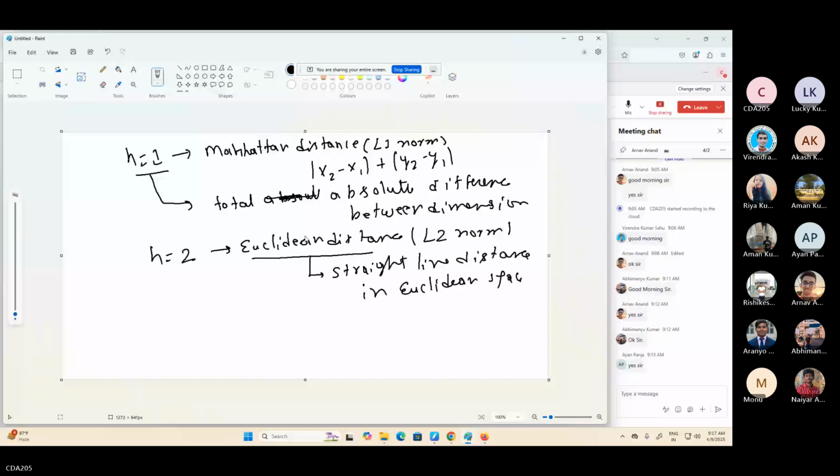Okay. Now another one, that is h is equal to infinity, which is also known as the L infinity norm. What it is telling?